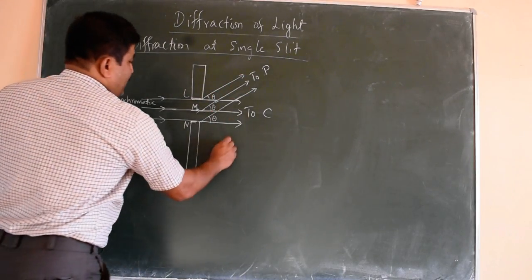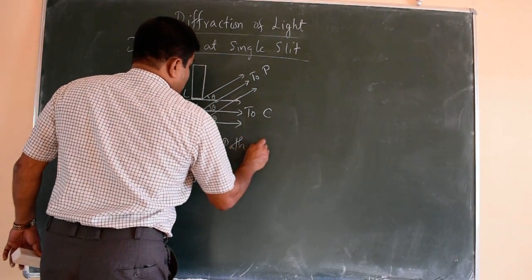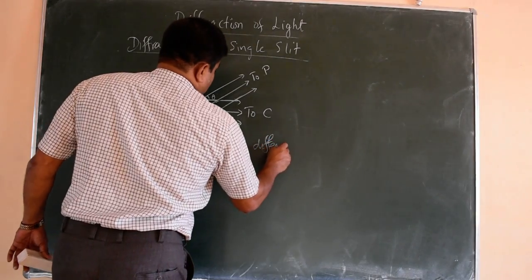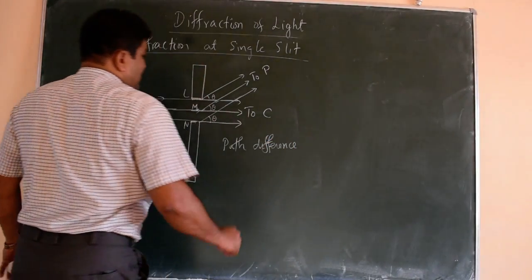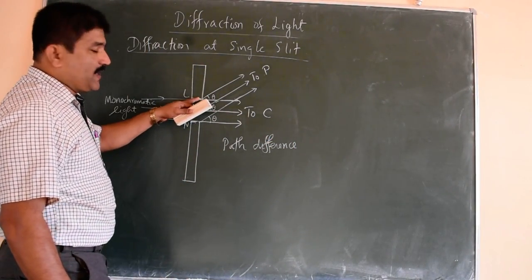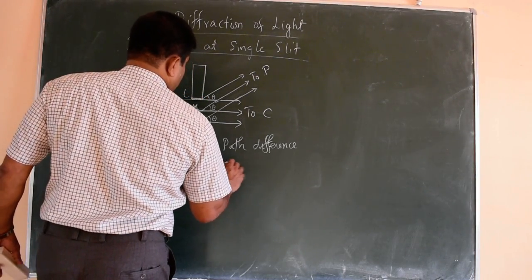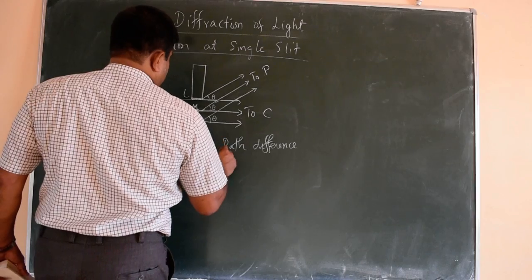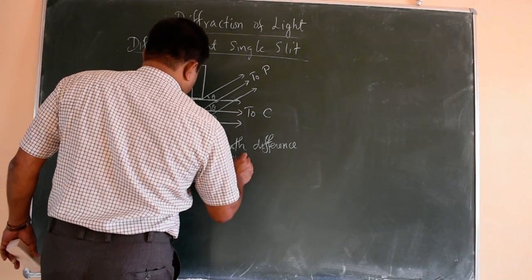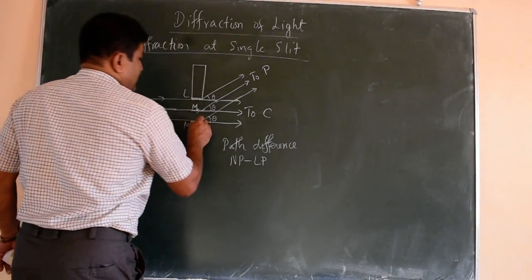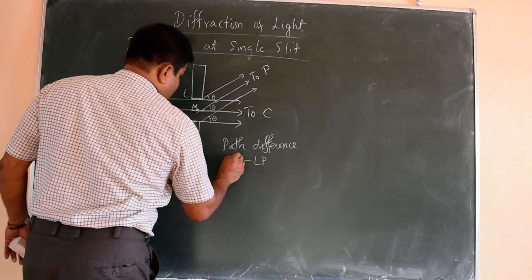So the path difference between the light traveling from N as well as L is NP minus LP.